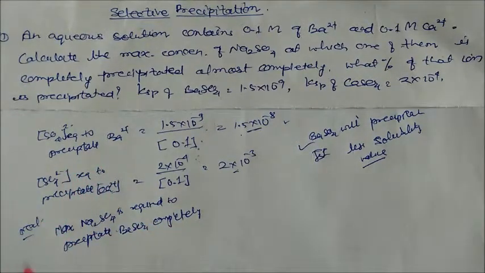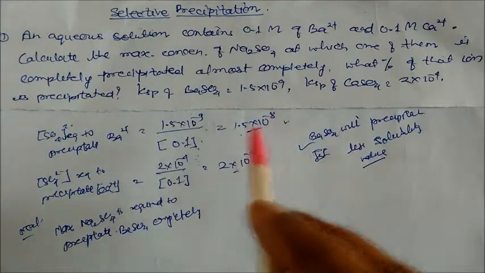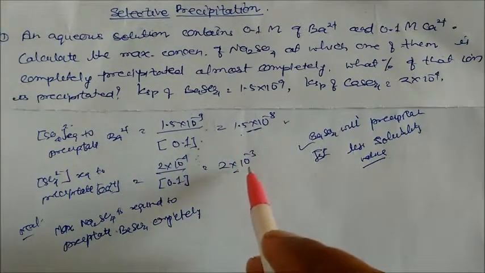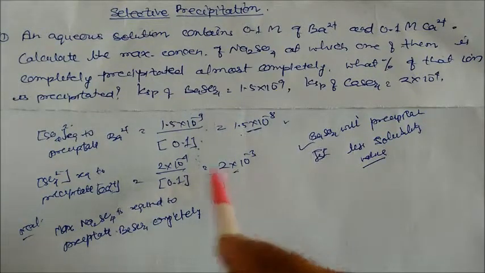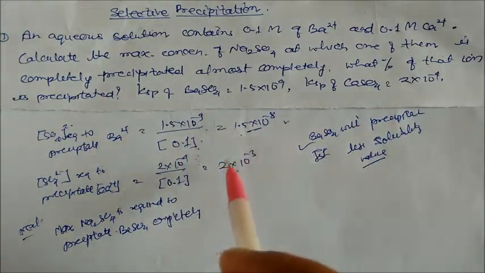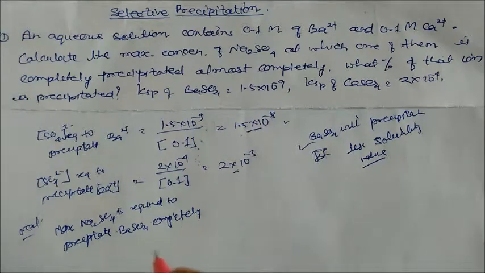Calcium sulfate starts precipitating when the sulfate concentration reaches more than this value, because before that barium sulfate was precipitating. If we take this concentration of sulfate ions, then the maximum barium will precipitate completely, because the calcium will remain soluble.